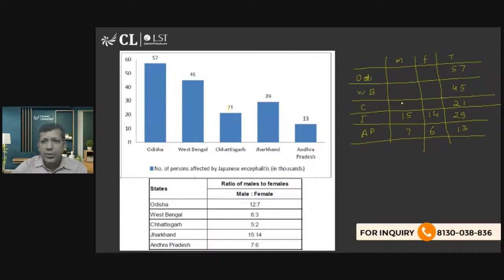So 5 is to 2 is going to be 15 and 6. Okay, and the next one, sorry, West Bengal, it is 6 is to 9. So that is going to be what? 30 and 15. And here it is going to be 36 and 21. This is total that we are talking about.